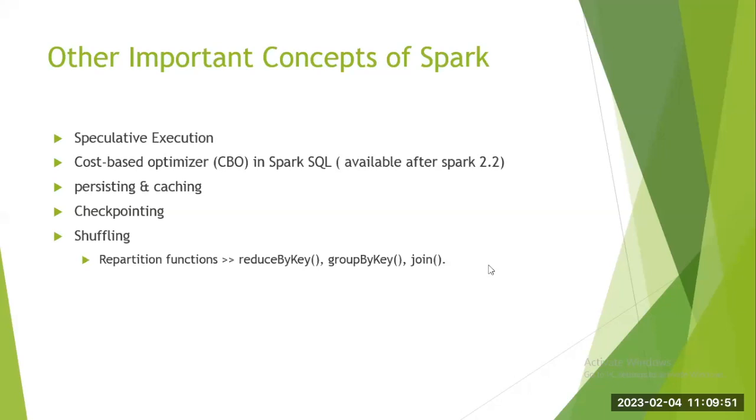For basic understanding, real-time issues are like your job failing, driver out of memory, executor memory issues, your client or developer not able to connect to Spark, jobs running slow, authentication issues and connection issues. That's one thing.